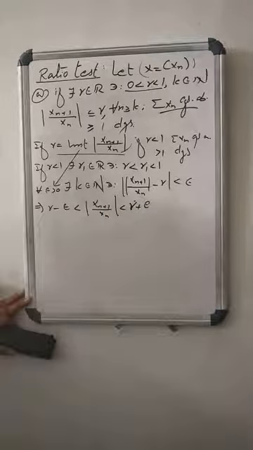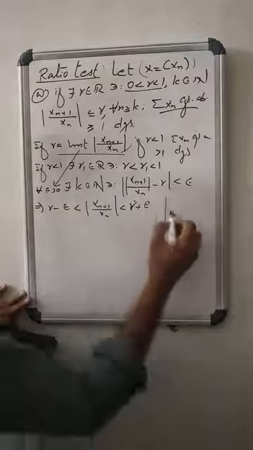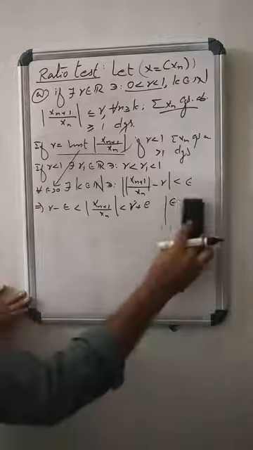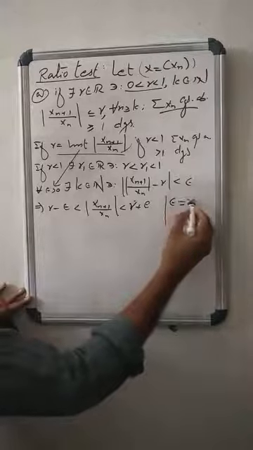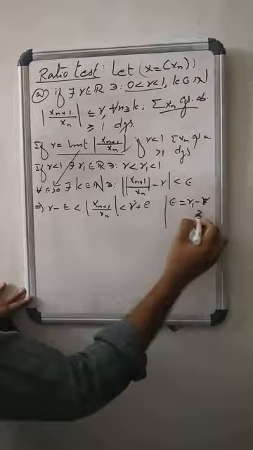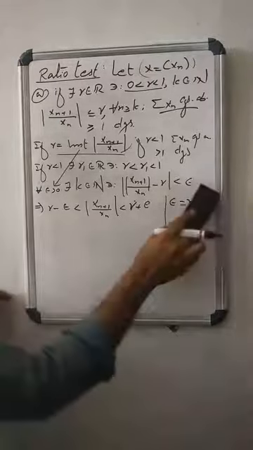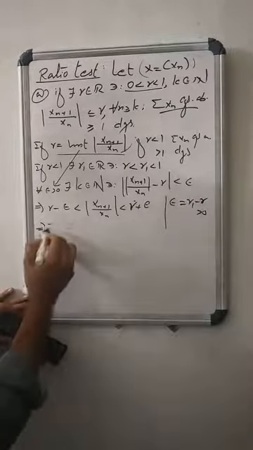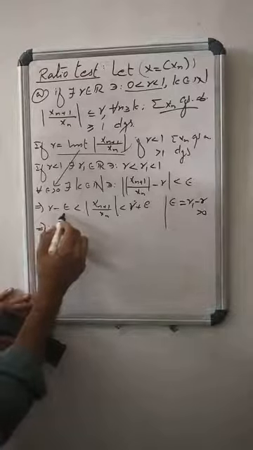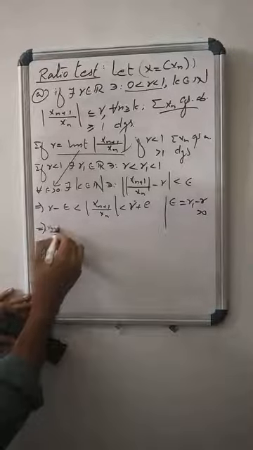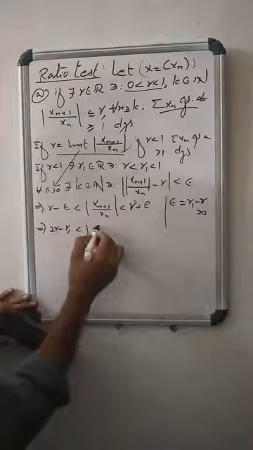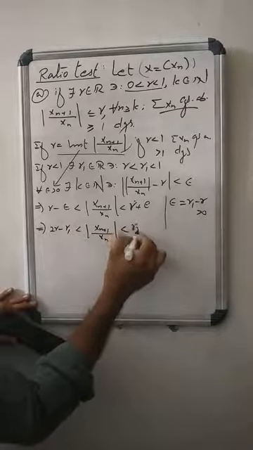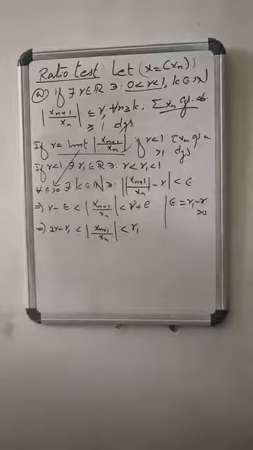Again, what is epsilon? Since r1 minus r is positive, choose epsilon equals r1 minus r. So by substitution, r minus (r1 minus r), that is 2r minus r1, is strictly less than modulus of xn plus 1 by xn, strictly less than r plus r1 minus r, so it is r1.